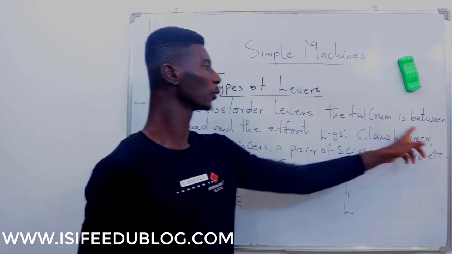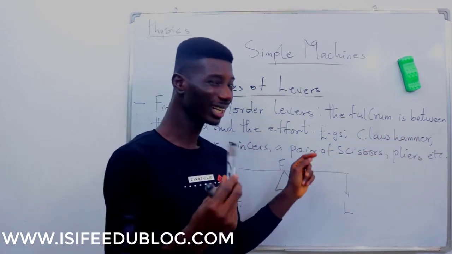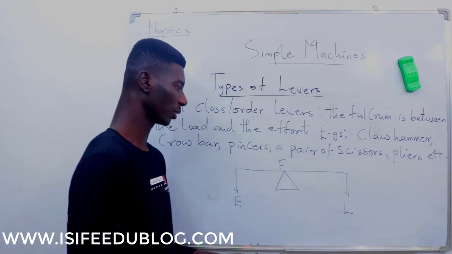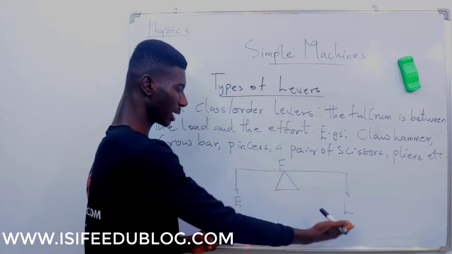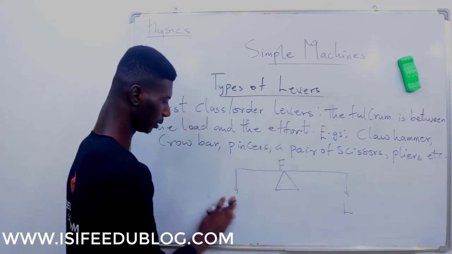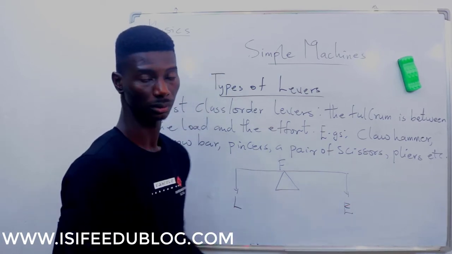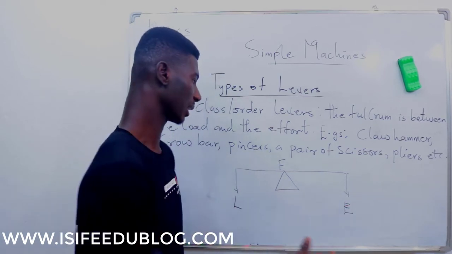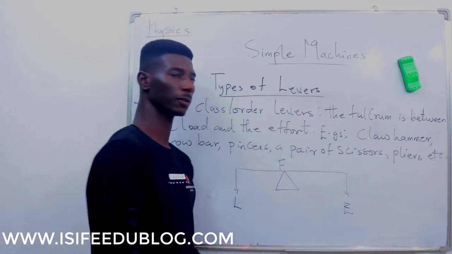When the fulcrum is between the load and the effort, it doesn't matter the position of the load and the effort. Here can be the load, while here can be the effort. What matters is that the fulcrum is between the load and the effort.